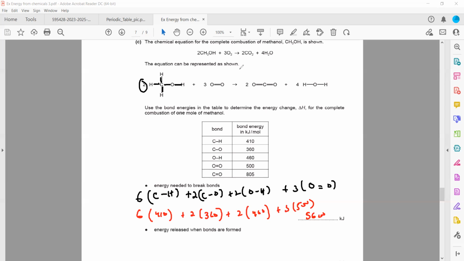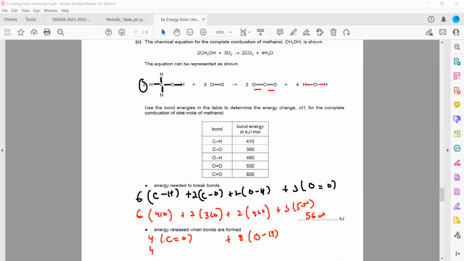The second part is the energy released when the bonds are formed. So you have to identify how many bonds are formed. OC or CO is the same thing. In 1 molecule there are 2 CO bonds, but in 2 molecules there will be 4 CO bonds. Same thing, in 1 molecule there are 2 OH bonds, so in 4 molecules there will be 8.